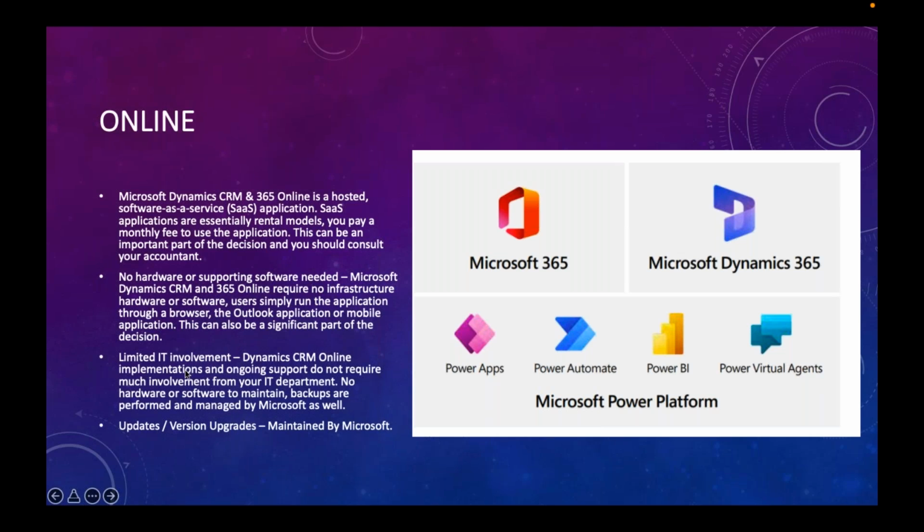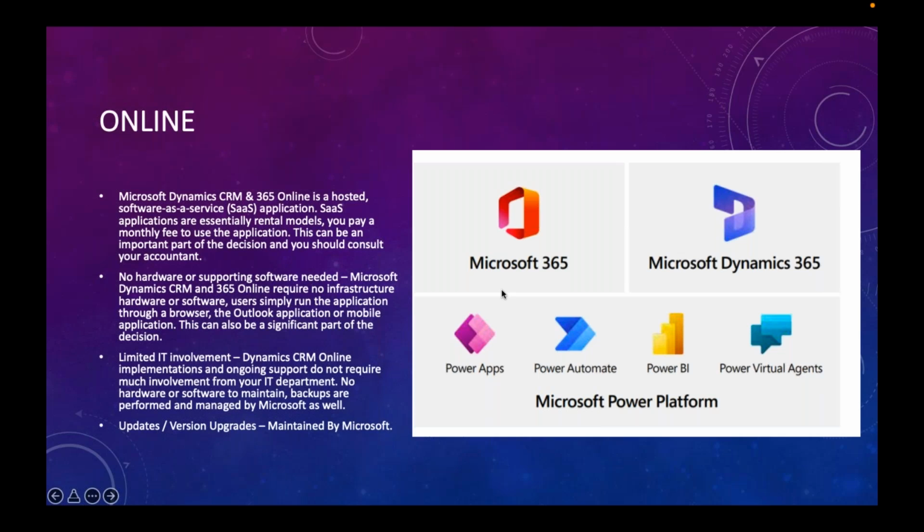The next one is limited IT involvement. That means we no need to worry about much involvement from IT departments, IT infrastructure like servers, the networking team, and all the related teams. We no need to go and ask them, like I need these IPs, I need these hosts in the machine, and I need these static IPs configured in our system.